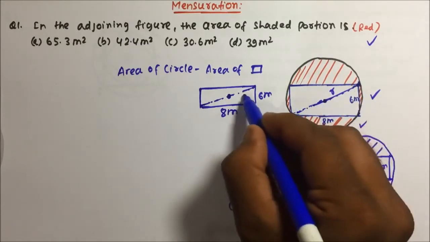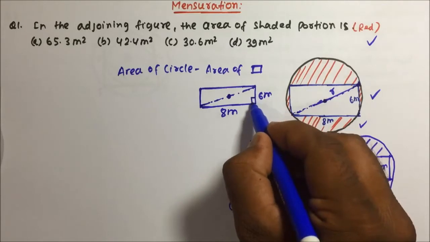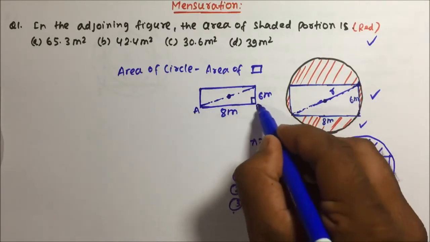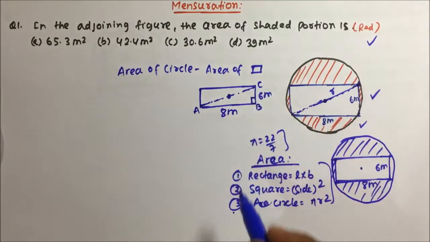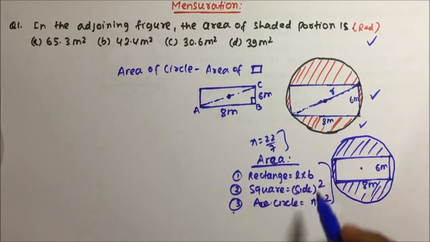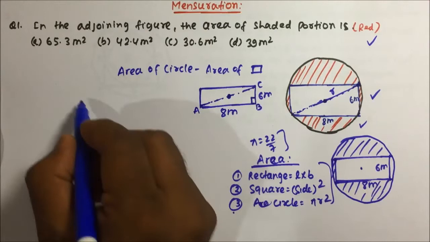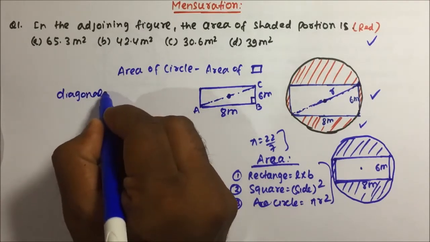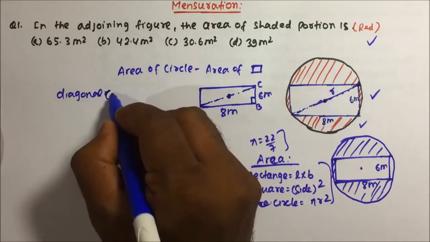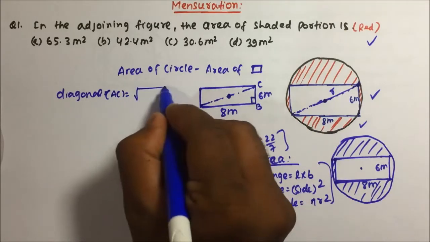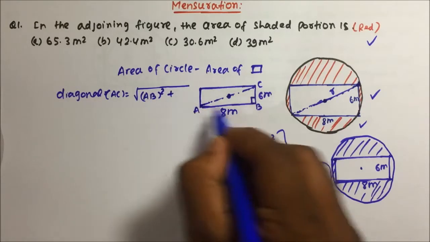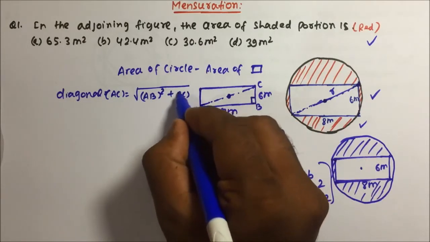So what we do, we will calculate the radius here. Use the Pythagoras theorem. This is a right angle triangle. So this is A, this is B, and this is C. In a right angle triangle, if you want to calculate the diagonal, the diagonal AC will be equal to the square root of AB square plus BC square, friends.